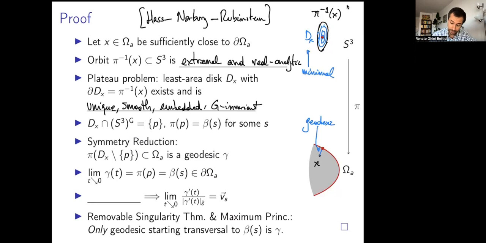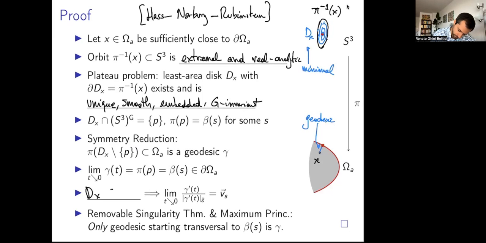Now, let's argue that it meets the boundary orthogonally. That's because the disk is smooth. If the angle was not 90 degrees, the disk upstairs would have a conical singularity with the same angle, and it doesn't.